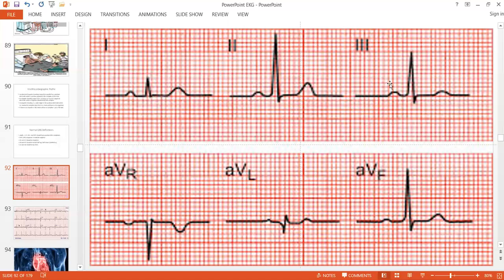So they're all positive. Now AVR, we said the QRS complex was going to be negative, and it is. See the difference? That R is pointing downwards in AVR. AVL is your isoelectric, so you have a point that points upward and a point that points downward. And then AVF is positive.